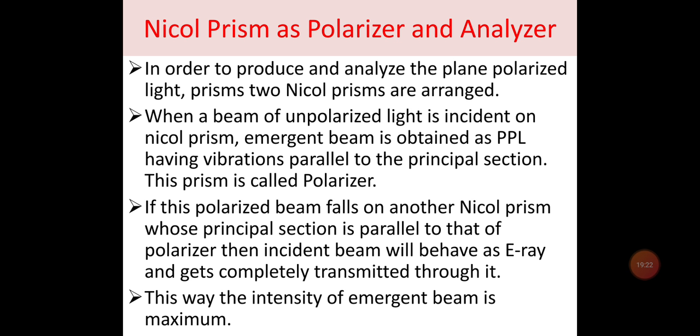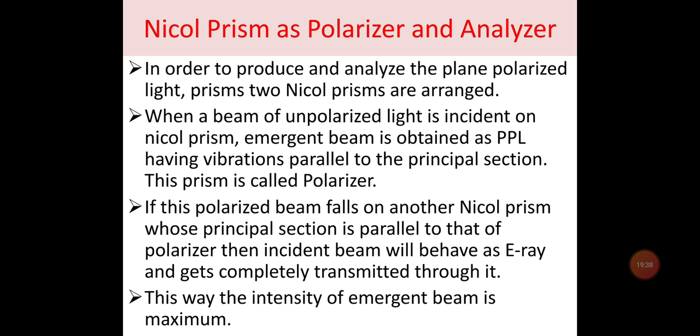So when a beam of unpolarized light is incident on a Nicol prism, the emergent beam is obtained as PPL, that is plane polarized light. Since it is the E ray, it has vibrations parallel to the principal section. This first prism is known as the polarizer.